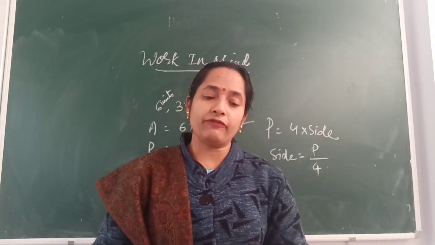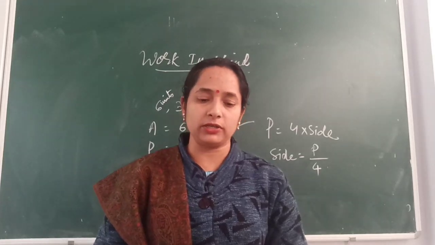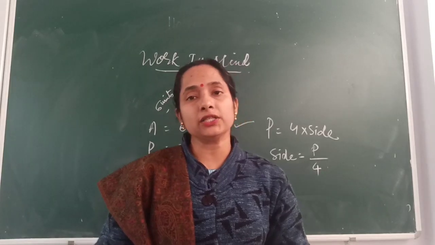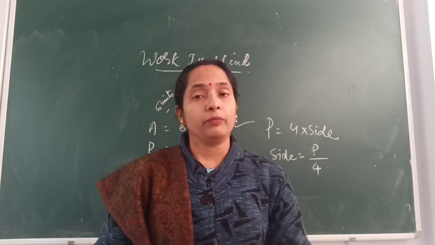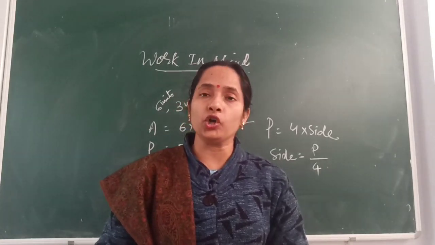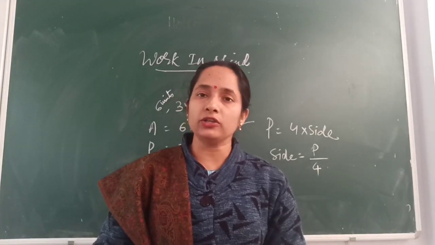So the volume of a cube of side 1 centimeter will be 1 cubic centimeter. Whereas, what is the capacity of a hollow cube? The capacity of a hollow cube and the volume of the cube both refer to the same value. So the capacity of a hollow cube of side 1 centimeter will be equal to 1 cubic centimeter.